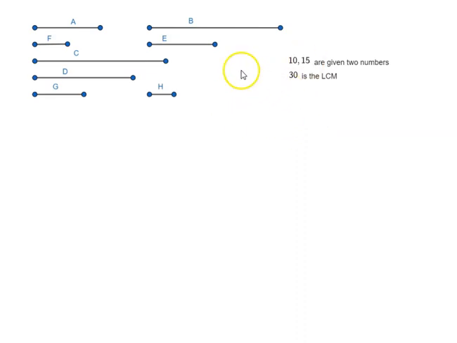So let's see how we can prove that 30 is the least number which both A and B can measure, though they are not relatively prime.